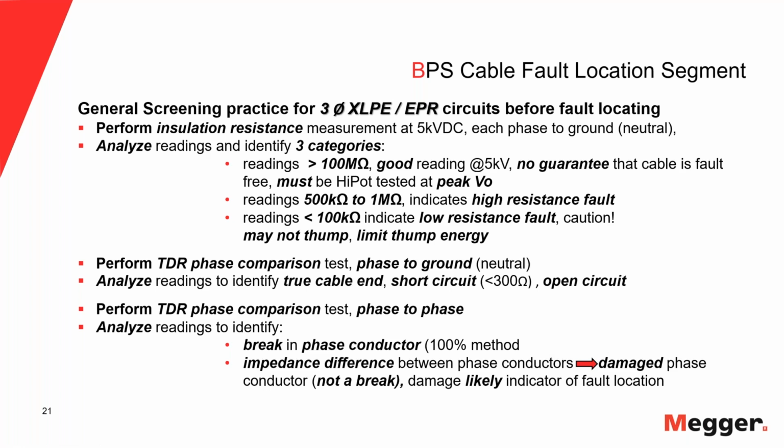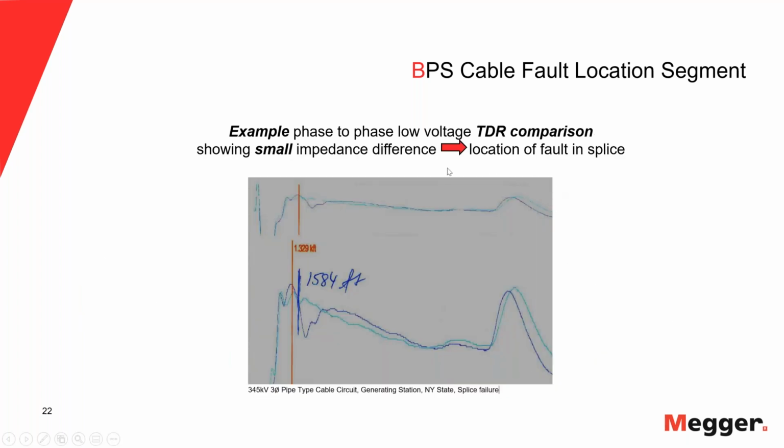And whatever difference there is means there is some damage to the conductor, because if the conductor is fine, I wouldn't see that difference in impedance. So in a way, that difference in impedance between conductors is an indicator where most likely there is damage or a fault, okay? And I will show you a slide here where you exactly see this, okay?